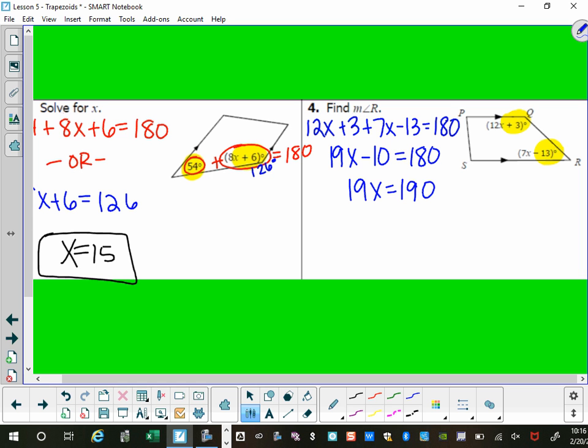Or you can just type it into Desmos. Did you get x is 10? Make sure you're practicing your Desmos. Okay, x is 10, but they didn't ask me for x. They asked me for the measure of angle R, which is 7x minus 13. Instead of x, we're going to plug in 10. What do we get for the measure of angle R? 57 degrees.